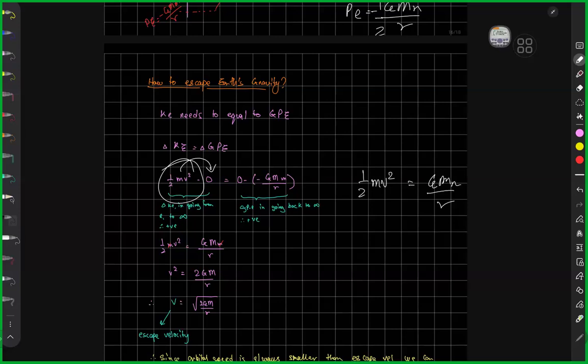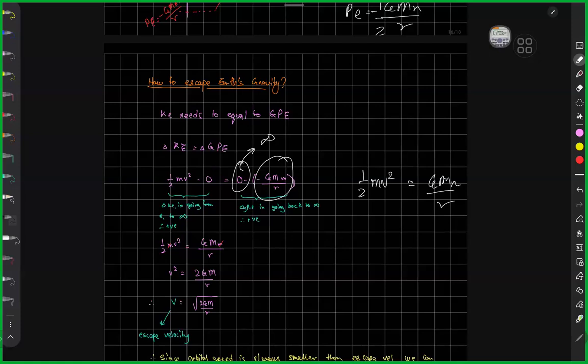So taking the object from wherever it is near the Earth to 0, that is infinity, that amount of energy needs to be provided by what? The kinetic energy. The change in kinetic energy. Right?